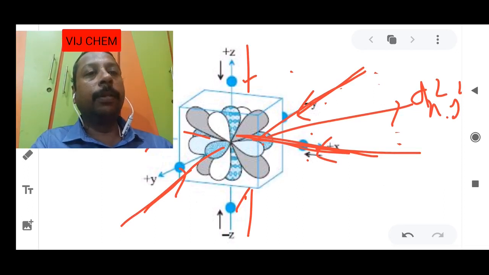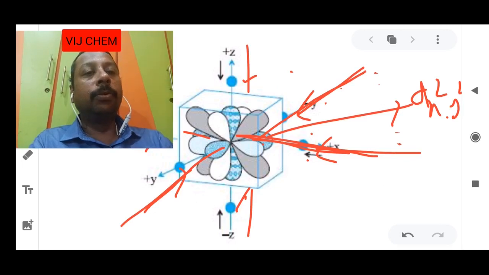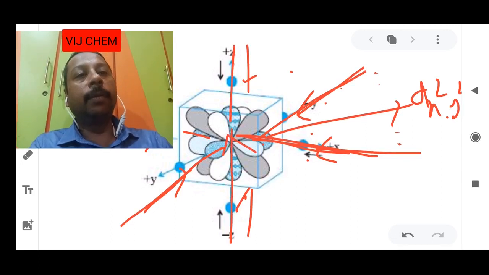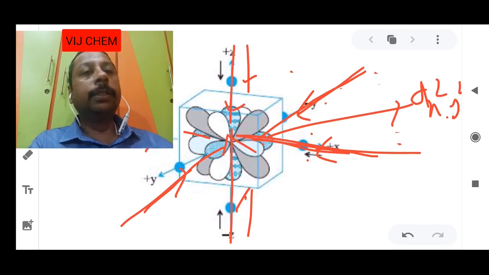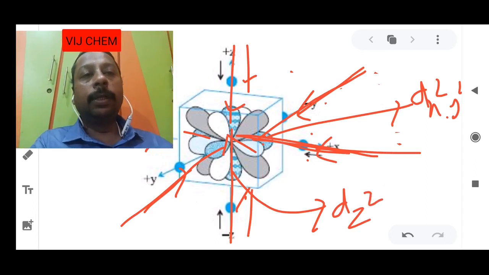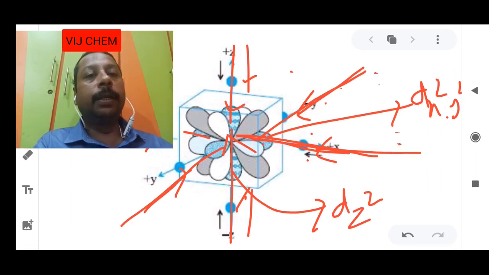So don't feel bad about it. And two more ligands. See, one ligand is coming from here straight away, and another ligand from here. So this is affecting which orbital? I told you this one. Very good, this is dz square. Out of the total 5 orbitals, dxy, dyz and dzx, which are the most affected 2 orbitals?